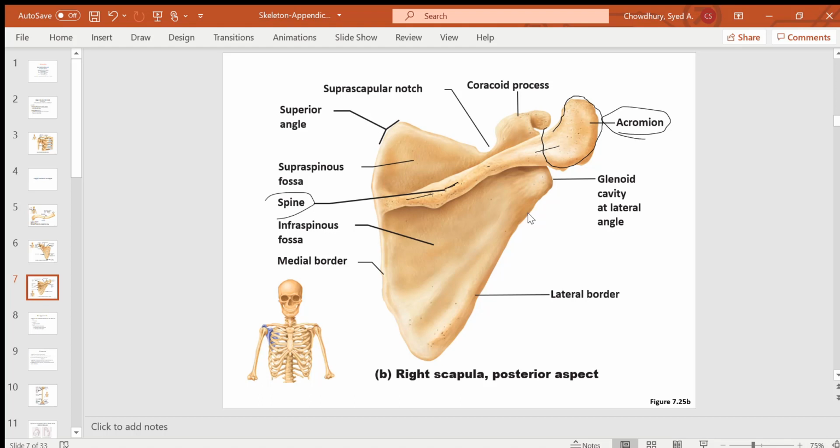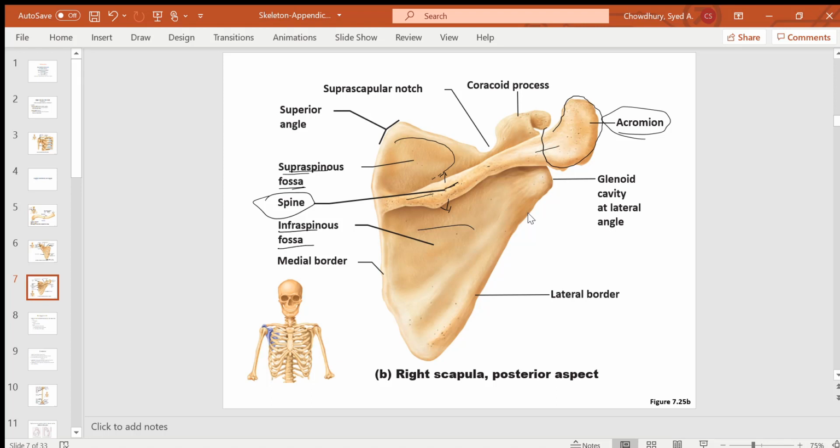The spine sticks out from the back of the scapula, and this area above the spine is called the supraspinous fossa. Makes sense? Supraspinous because it is above the spine, and this area below the spine is called the infraspinous fossa.